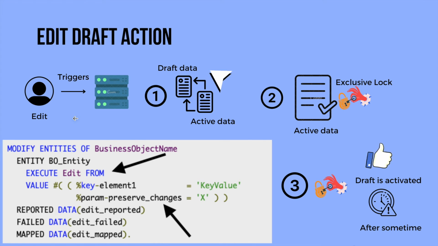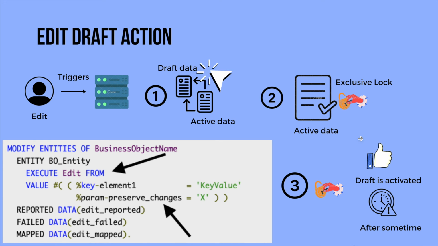A request will be sent to the server, and in the active database table we have the records, whatever record you want to edit. All the columns and information of that record will be copied to the draft database tables.